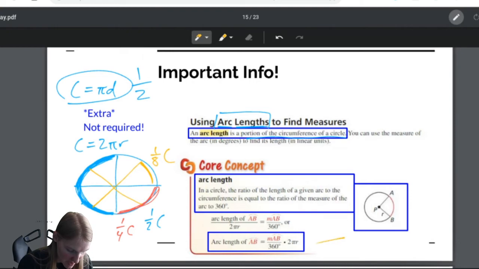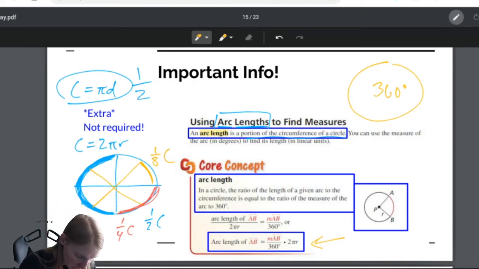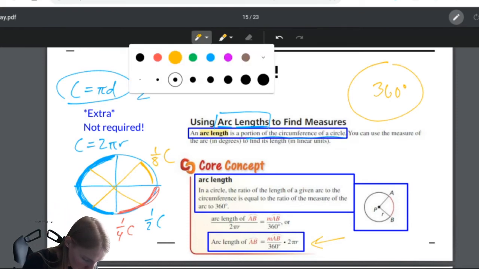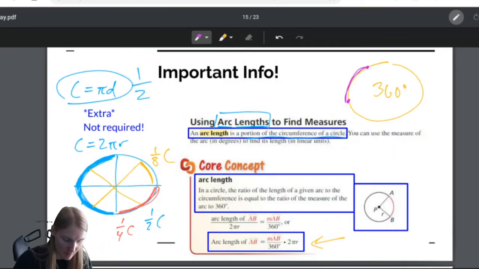And that's what this fancy, scary looking formula says over here. We know that there are 360 degrees in a circle, total. So, if I want to look for this portion of the arc length, all I have to do is figure out what angle that is.